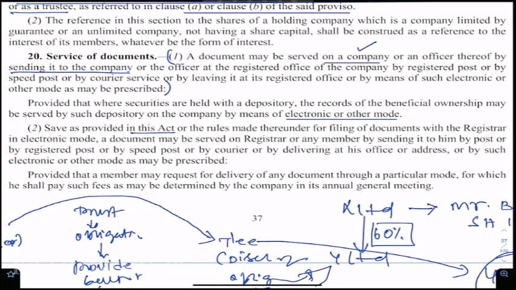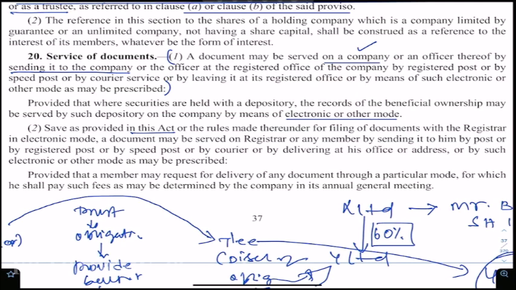I am communicating with the director. Now I will send to the registered office. Yes. That's what he wants to tell. Sir, the director will have an address now, sir? No. Listen please. I am communicating with him in his personal capacity, in the capacity as a director of the company.